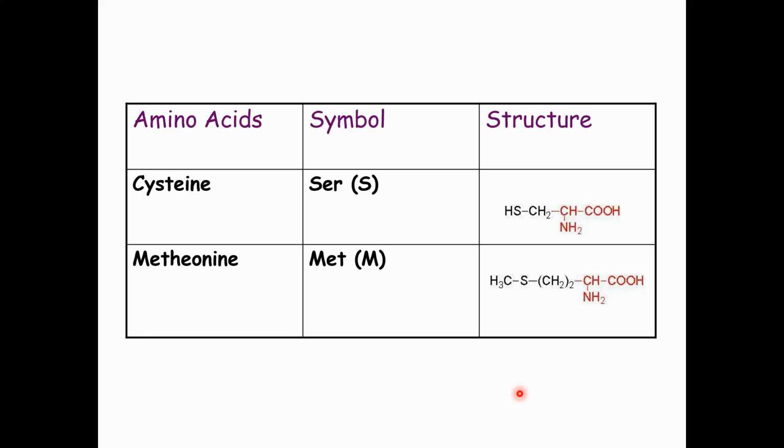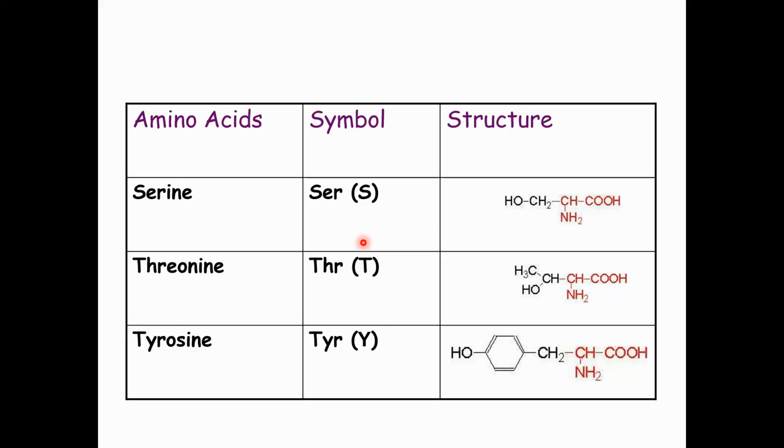So we have cysteine, methionine, serine, and also threonine. You can see here, and then we have tyrosine, and for tyrosine we use the symbol Y. It is important.